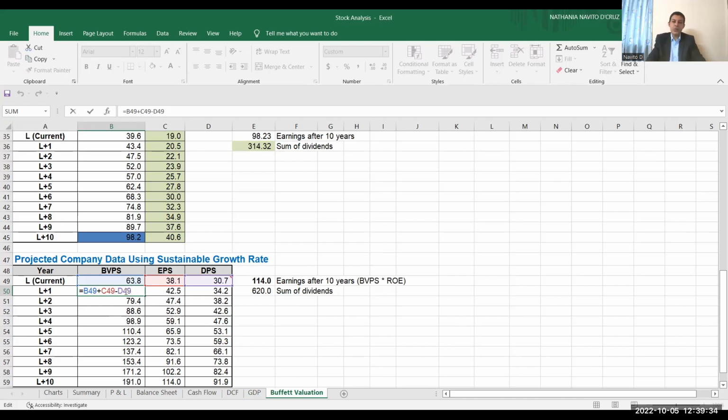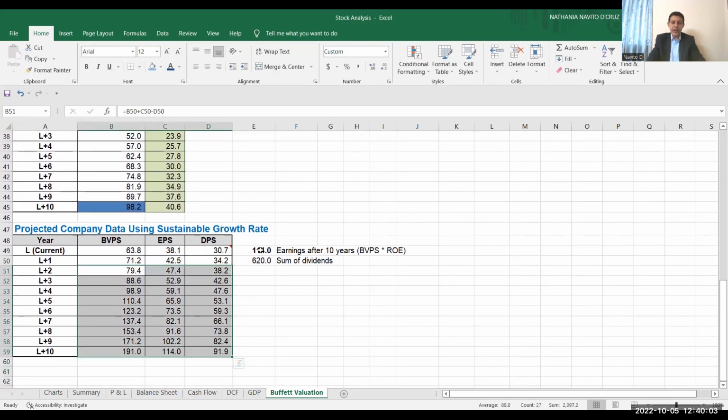And once we get the subsequent year's book value per share, of course, it's easy now to identify the earning per share by taking the book value per share of the company and multiplying it with the shareholder return on equity. We take that and then we calculate our dividend per share based on our dividend payout ratio. Likewise, we do it for all the subsequent 10 years.